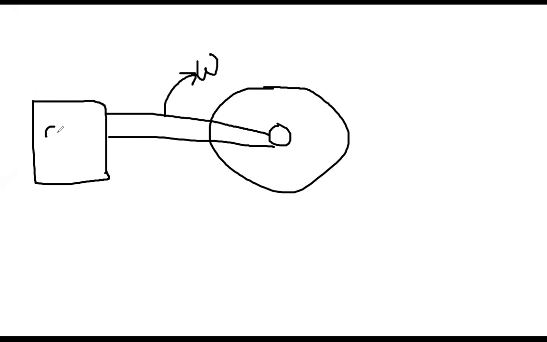So for example, this is your synchronous motor. The synchronous motor shaft and the generator shaft are common. They are sharing each other. Therefore, if you can find the speed of the motor, that is the speed of the generator.